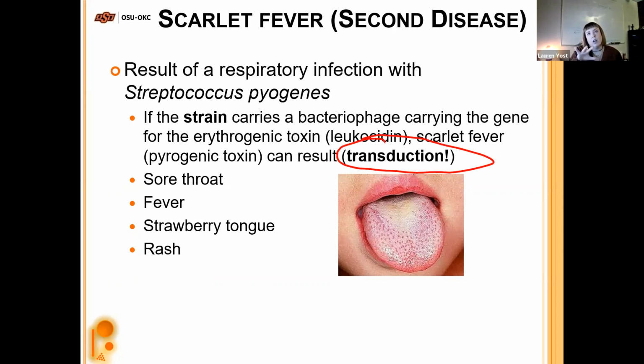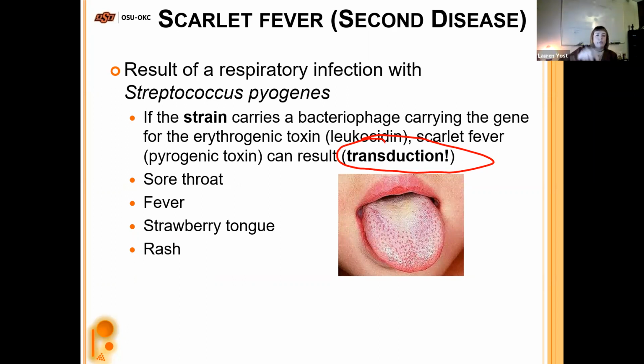Transduction is movement of a gene into a cell via phage or virus. We can have viruses do that to us as well. But in this case, we're talking about a bacteriophage giving this toxin gene to the bacteria. So now the bacteria can produce this toxin because the phage transmitted that gene to it. Okay.